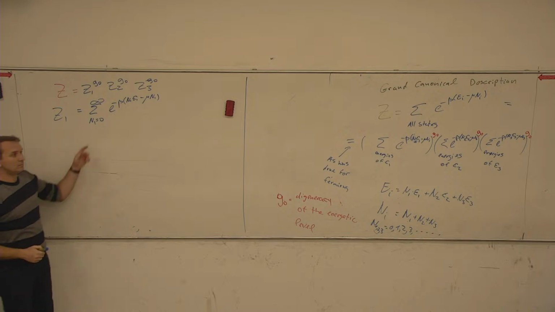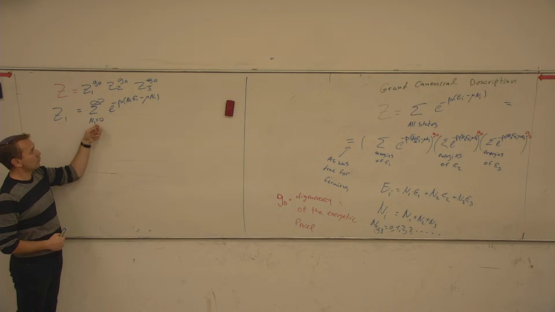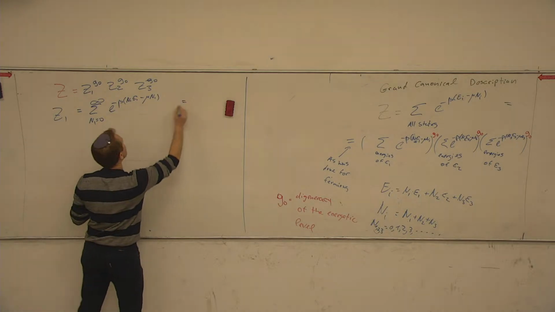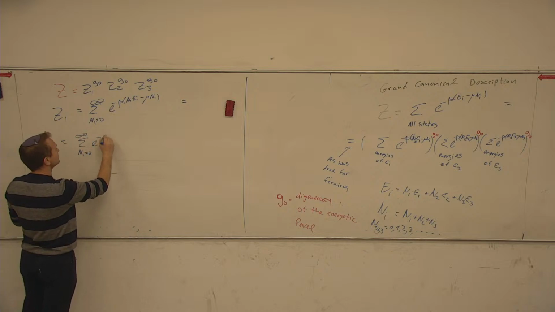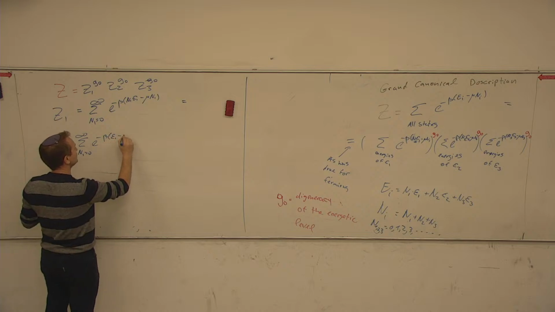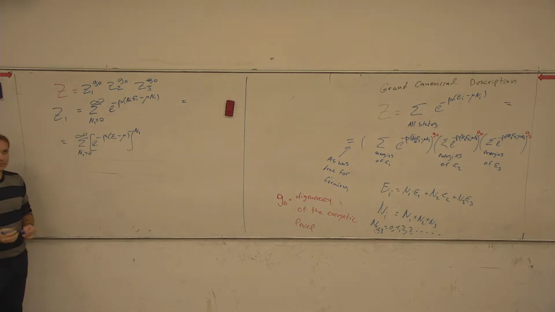And now I have to sum, and it's a very easy sum, for all the different n1s. Let's write it down as the sum n1 equals from 0 to infinity, e to the power minus beta epsilon 1 minus mu, all of this to the power n1.